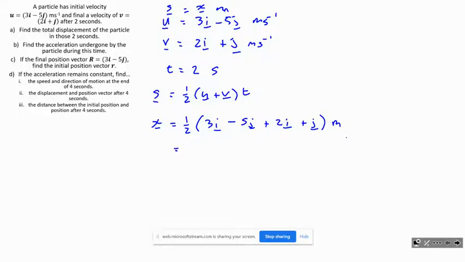Which in this case is going to be a half of that times 2, because of time as well. So a half and the 2 cancel out. So that's not going to be needed.